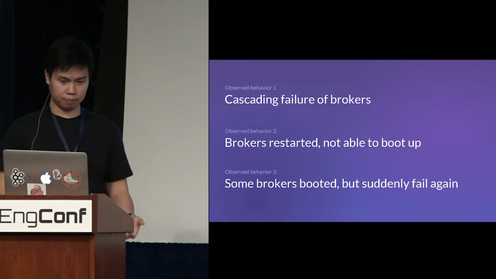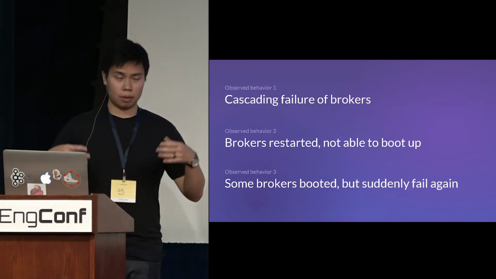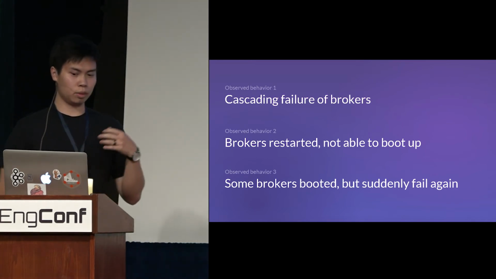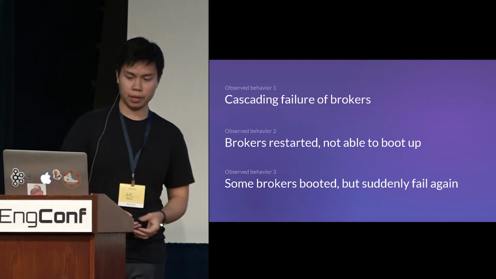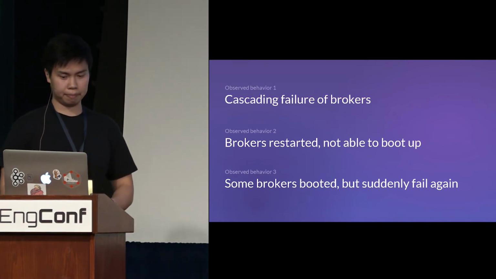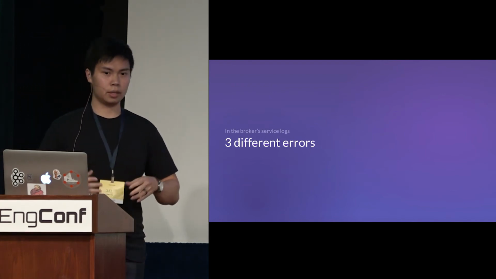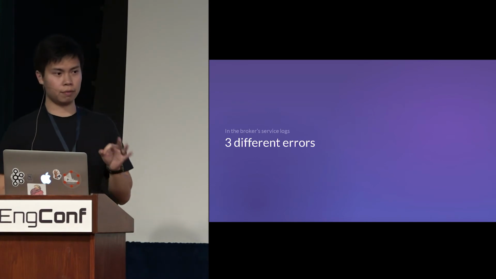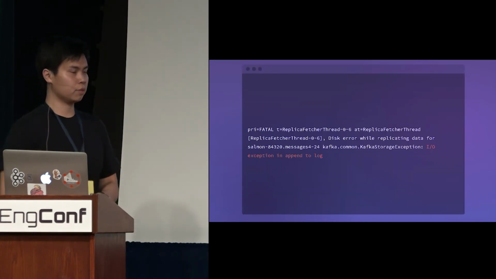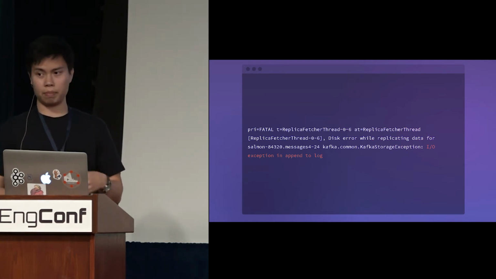If we dig deeper and look at some of the observed behaviors, we'll see that our brokers were failing in a cascading way. They were being restarted but not able to boot up. Automation wasn't interfering. Some brokers did boot, but then suddenly died again. Not sure what's going on here, so let's take a look back at the logs, and we'll see 3 different errors. First, on a replica fetcher thread, on a fetch: Kafka storage exception while appending to a log.